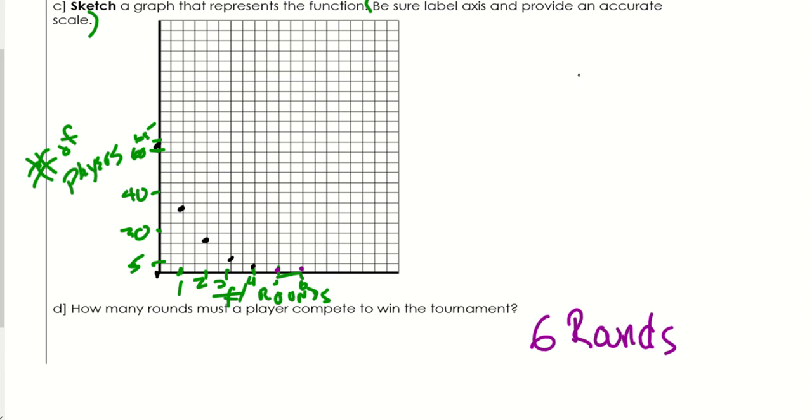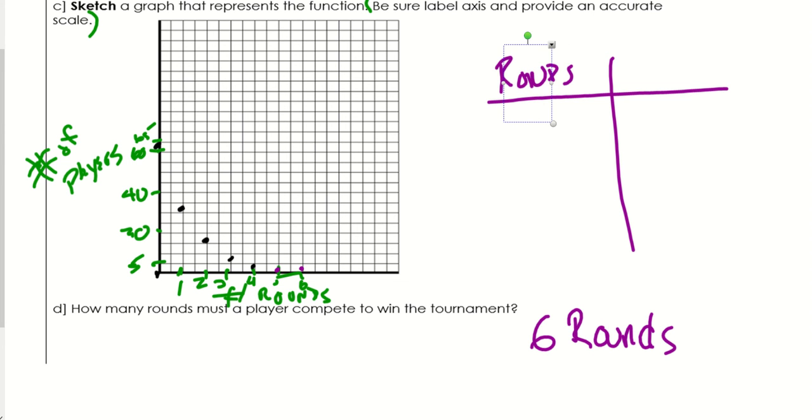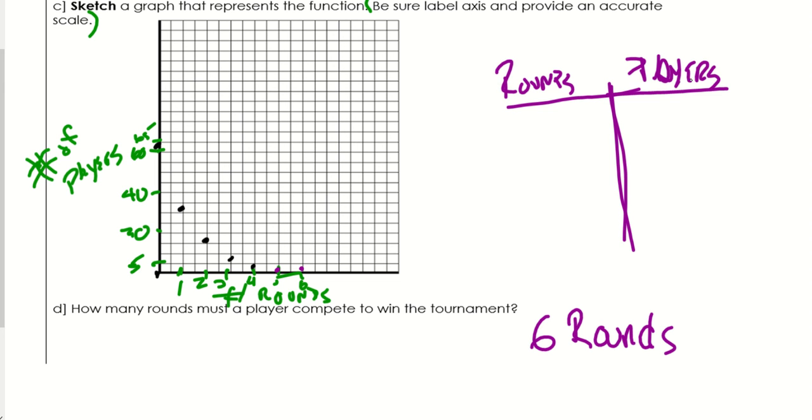The other way to do it would be to continue the table. So after 4 rounds, we had 4 people left.